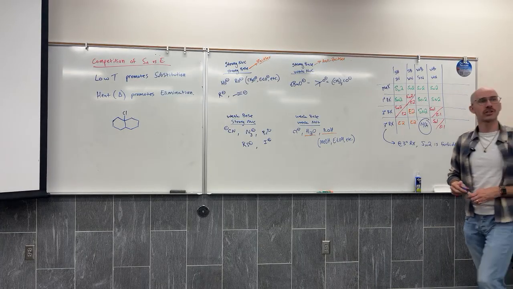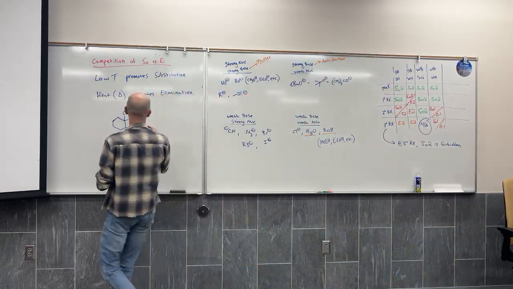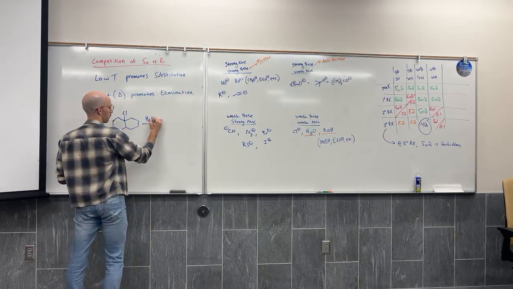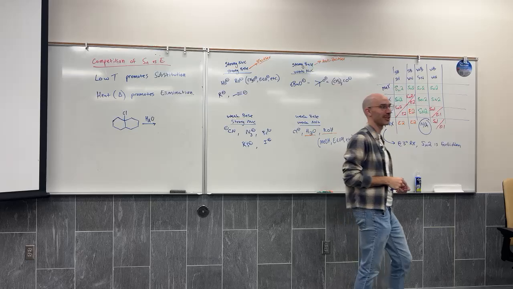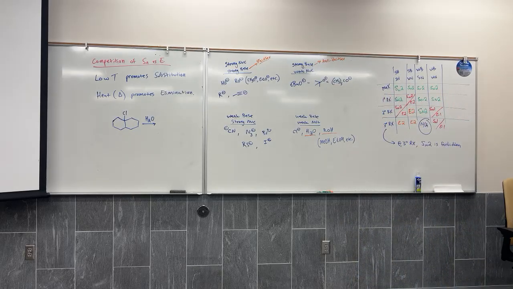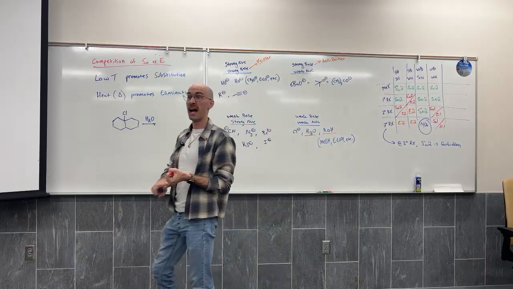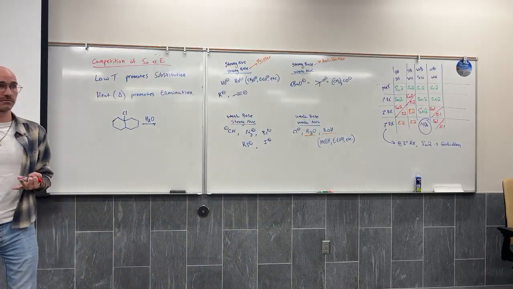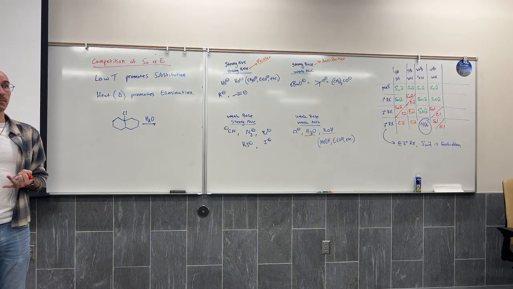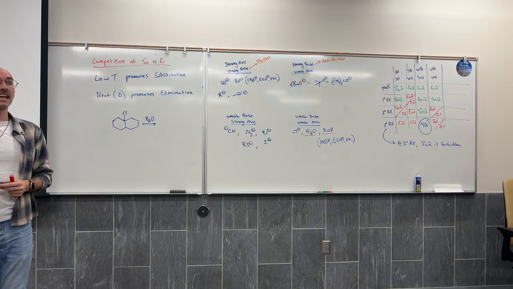What type of reagent are we reacting it with here? Good, looks like water. Which falls into the category of not good at taking hydrogens, not good at substituting groups. It's a weak base. Exactly.